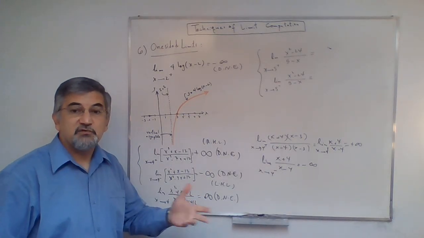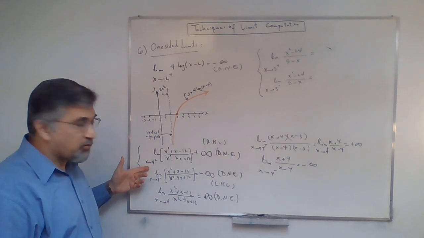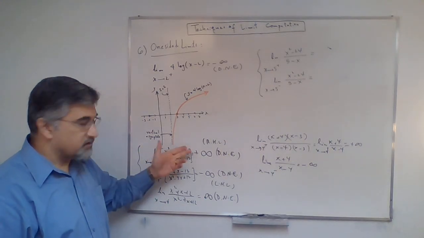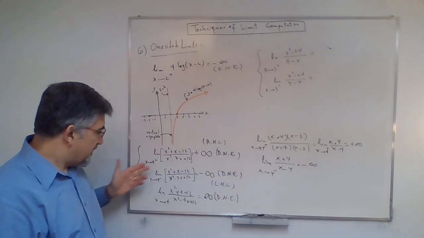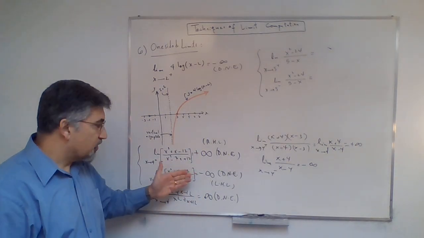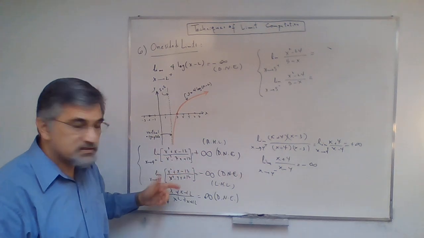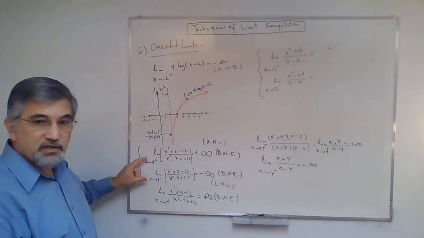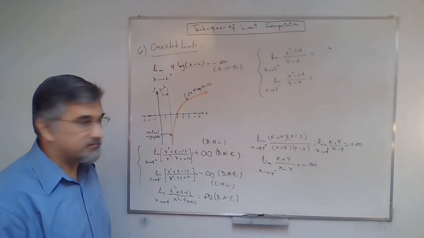We're going to say, well, it depends on x approaching from right side or left side. If x approaches 4 from right-hand side, yes, the answer is positive infinity. If x approaches 4 from left-hand side, the answer is negative infinity. So in any case, limit doesn't exist, but we can be very, very specific if we take the right-hand limit or left-hand limit of the function.